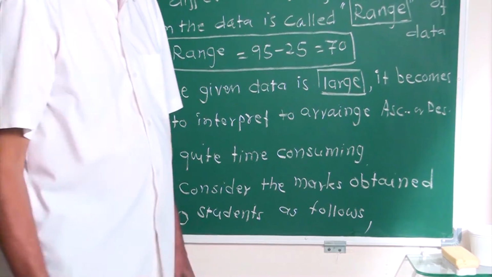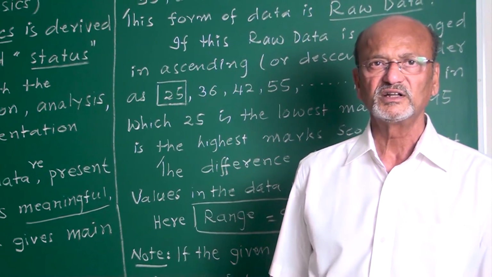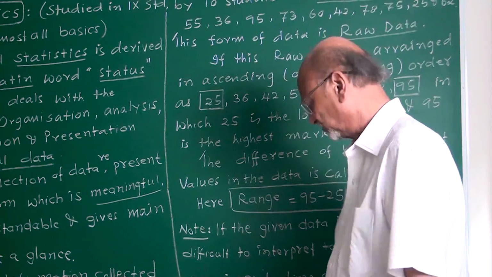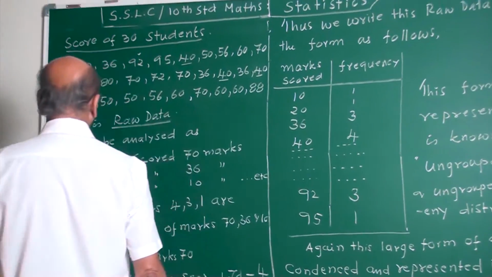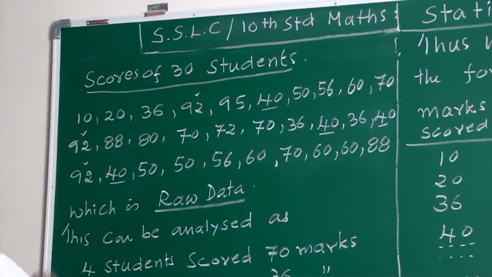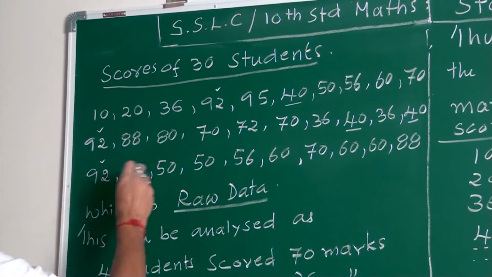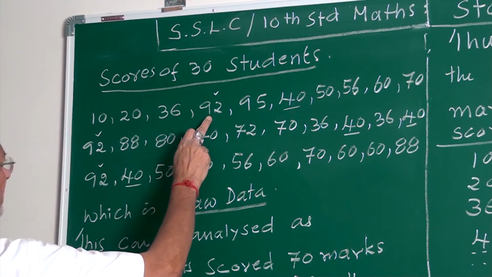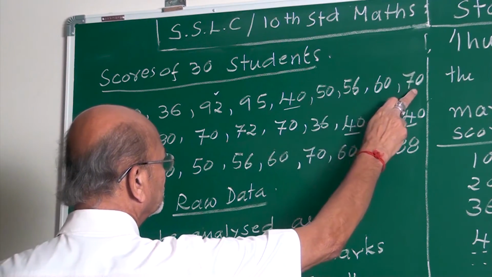Yes, my friends, I write the marks scored by these 30 students. Those scores of the 30 students are as follows: 10, 20, 36, 92, 95, 40, 50, 56, 60, 70.